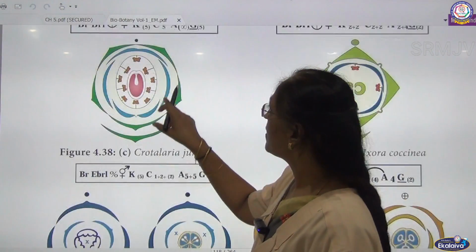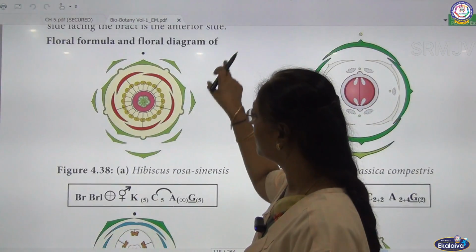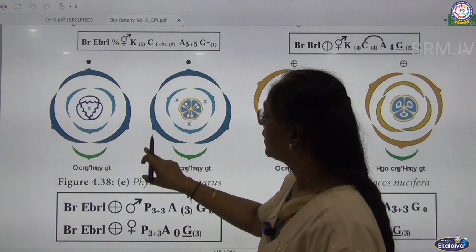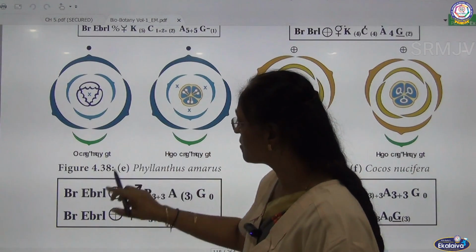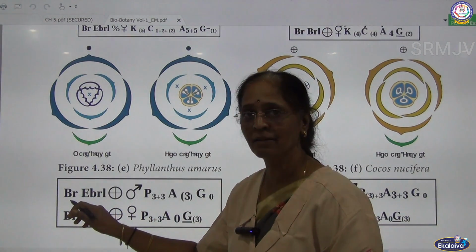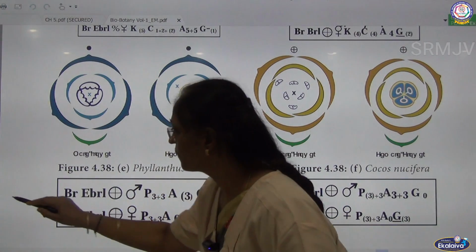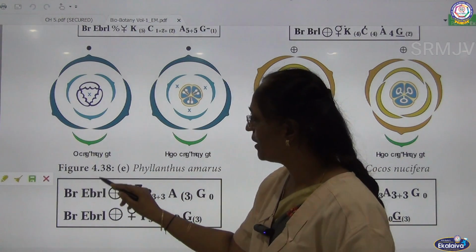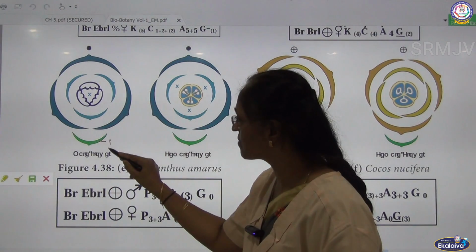Now here we have seen a bisexual flower. Now one example with a unisexual flower we will see. Now if you see this floral formula, you can find the bract. The flower is bracteate. So you can find this is the bract which is there.